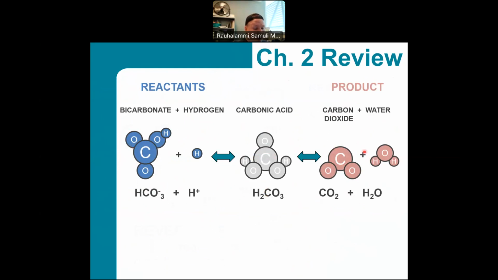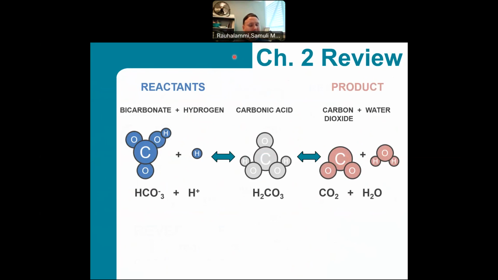Similarly, carbon dioxide and water can join to become carbonic acid, which can then convert itself to bicarbonate and hydrogen. So this is why these chemical reactions often appear kind of complex, because it's not always just reactants and products. There can be multiple steps between when the reactants become a product. So there can be much more complex reactions that we end up finding.